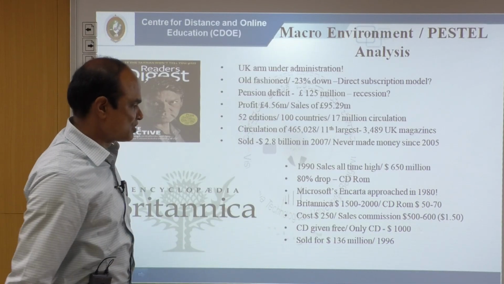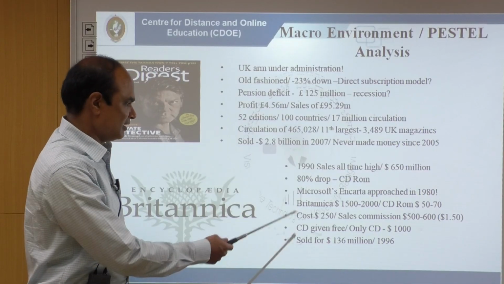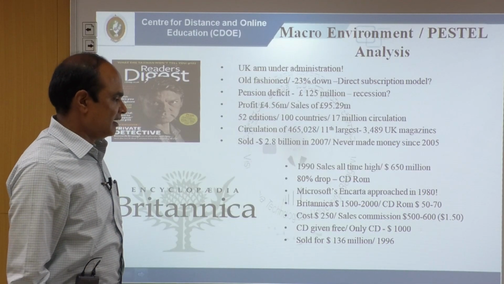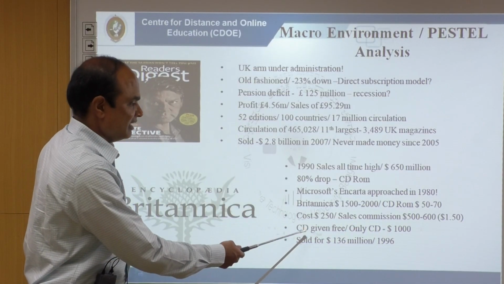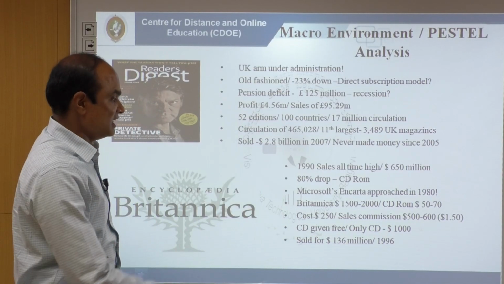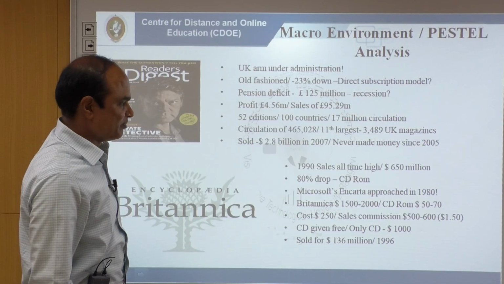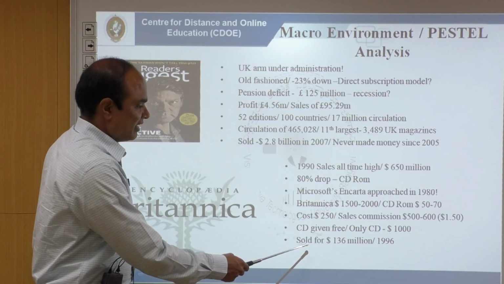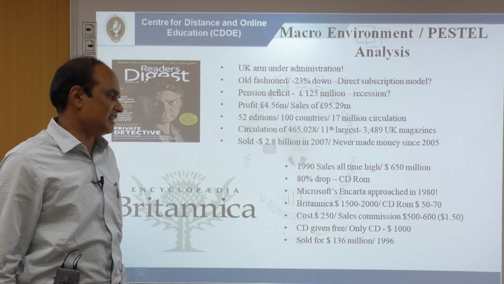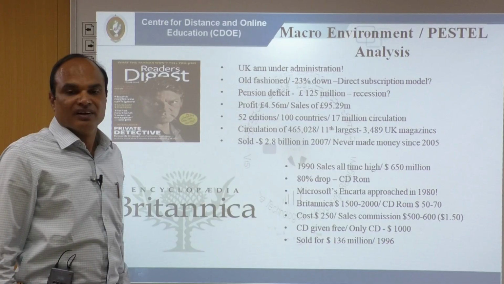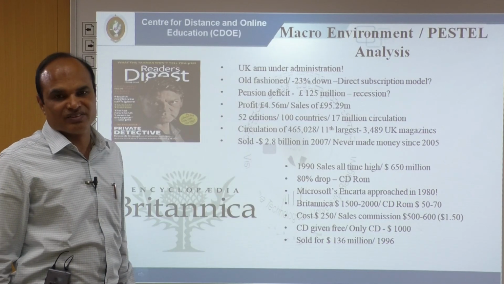Then the cost they were incurring was 250. The sales commission was very high, and in many cases the CDs were given free, and ultimately they sold for $136 million in 1996.